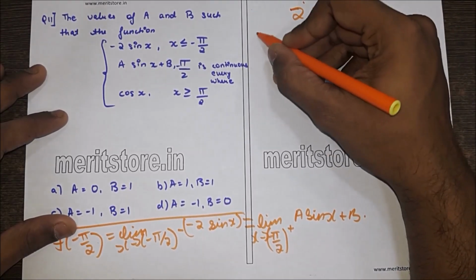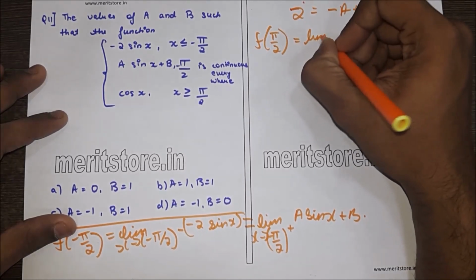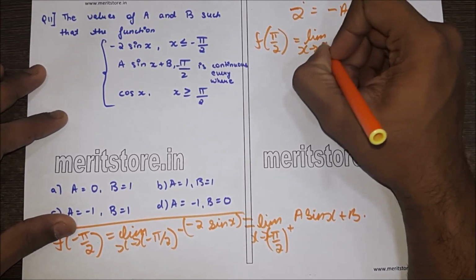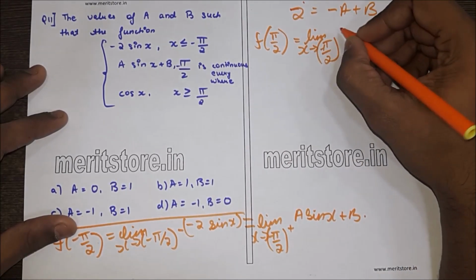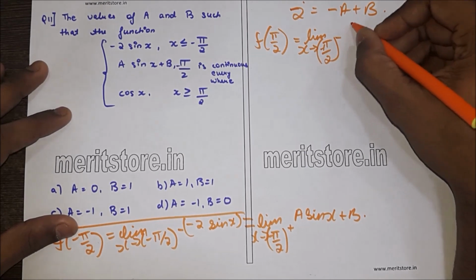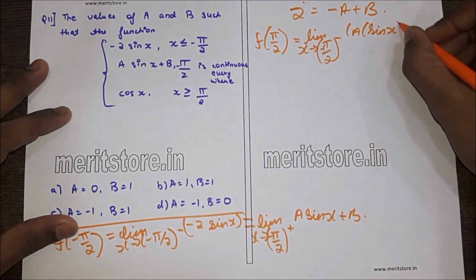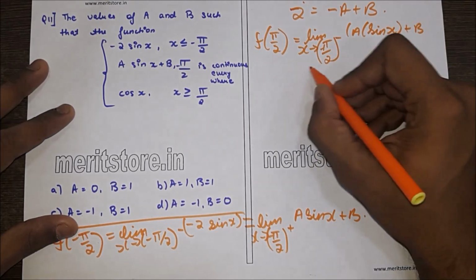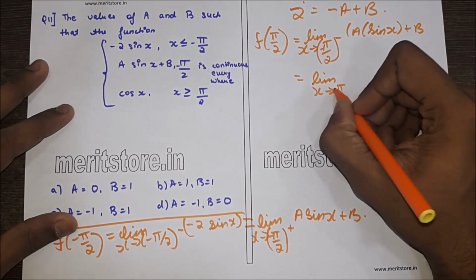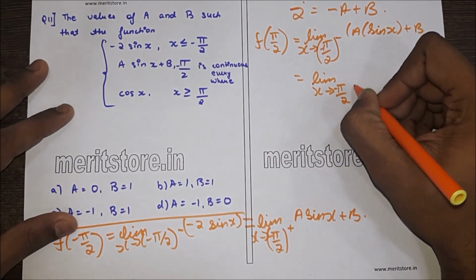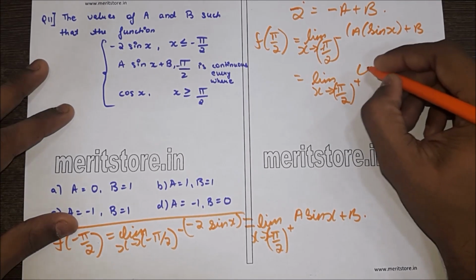Now f of pi by 2 is equal to limit of x tends to pi by 2 on the negative side, a sine x plus b, which is equal to limit of x tends to pi by 2 on the positive side of cos x.